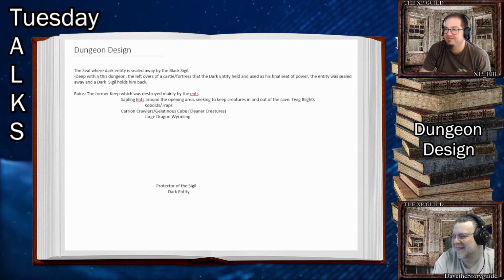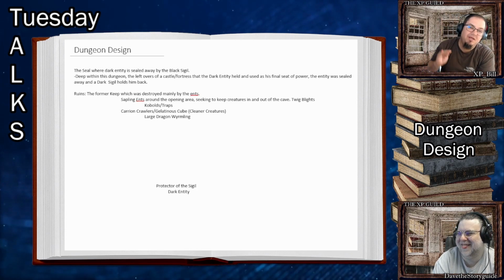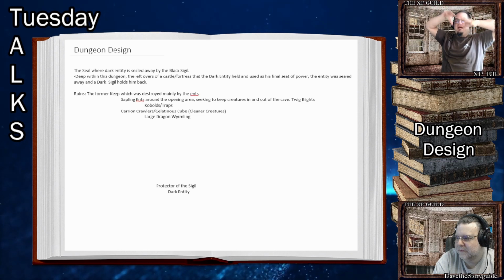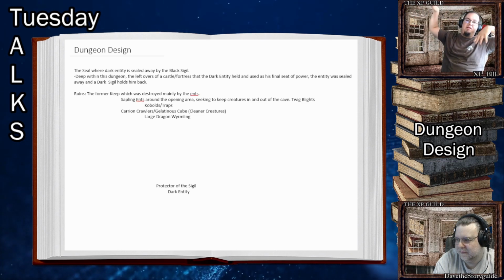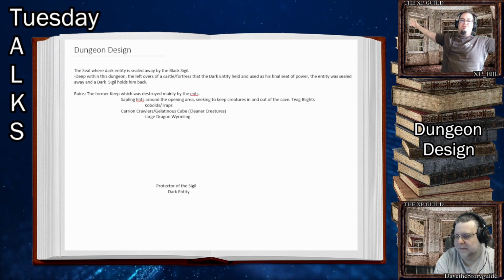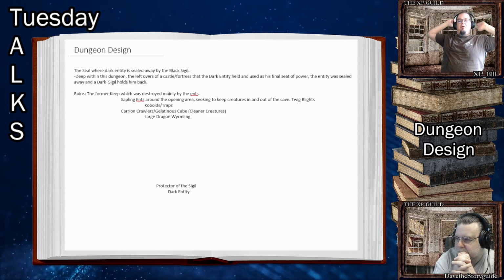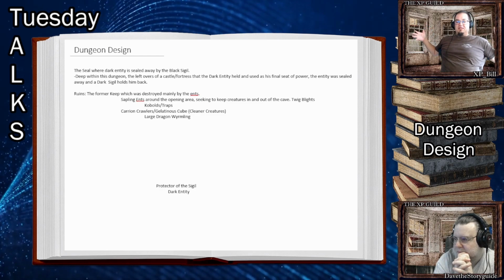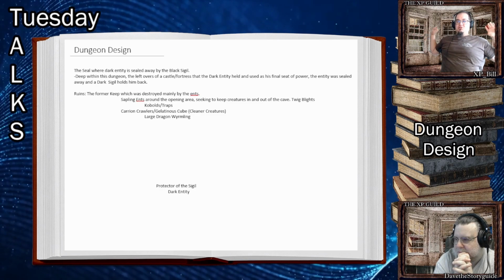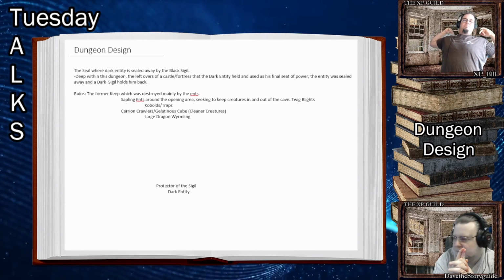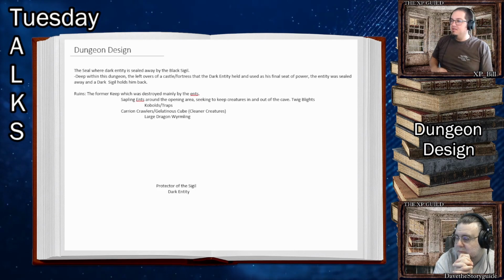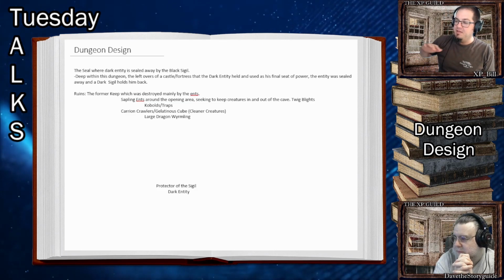So you would. All right, so here we've got the twig blights, we have kobolds, we have mixed around there the carrion crawlers, a gelatinous cube somewhere. We'd have a larger dragon wormling of some sort that could be injured, maybe they've lost a wing or something like that, so they're no longer really capable of being out there.